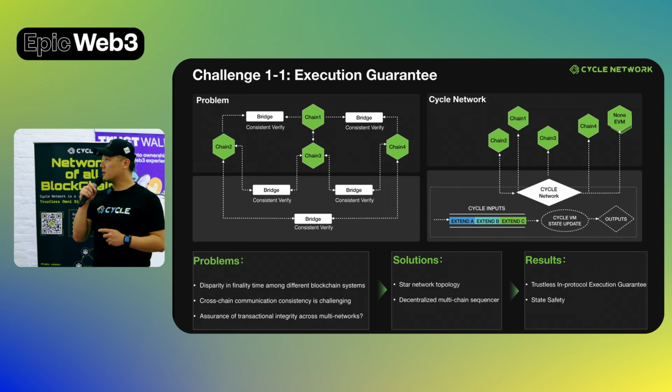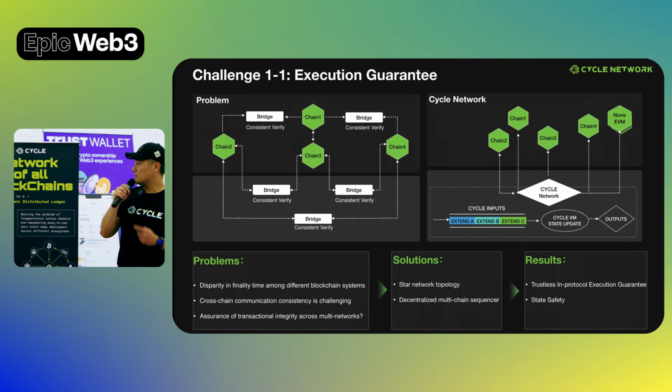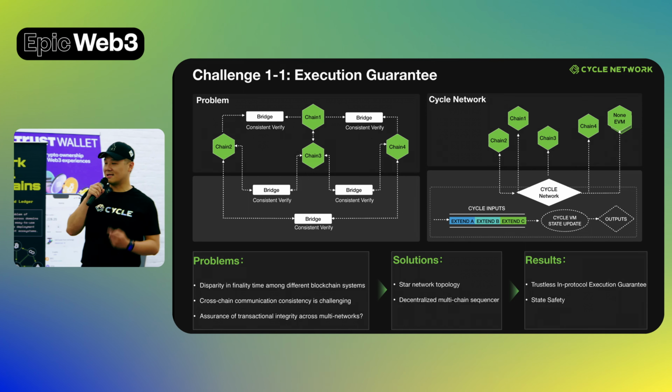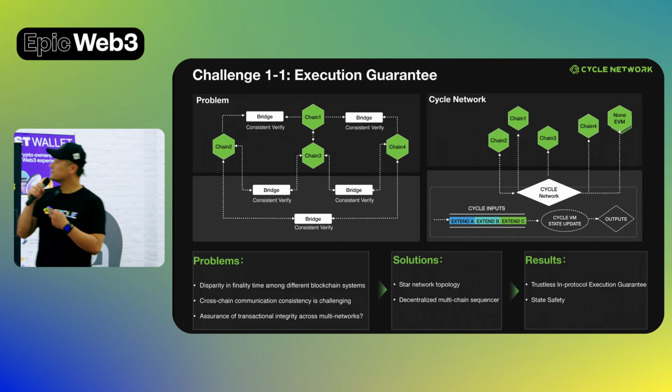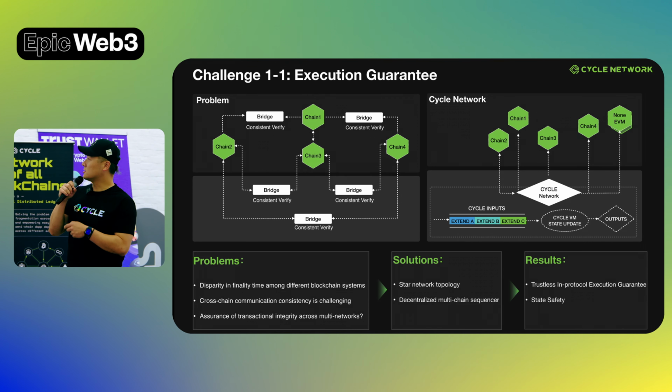The solution proposed by Cycle Network is, first of all, the star network topology, and second, the decentralized multi-chain sequencer. This leads us to trustless in-protocol execution guarantee with state safety. Here you can see the star network topology.